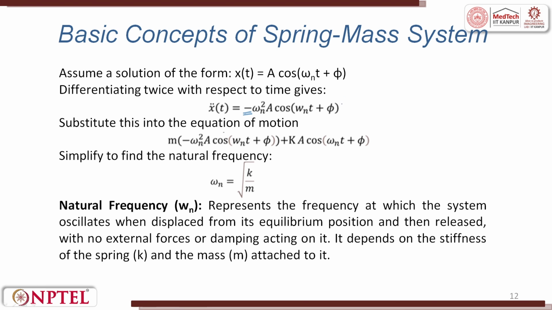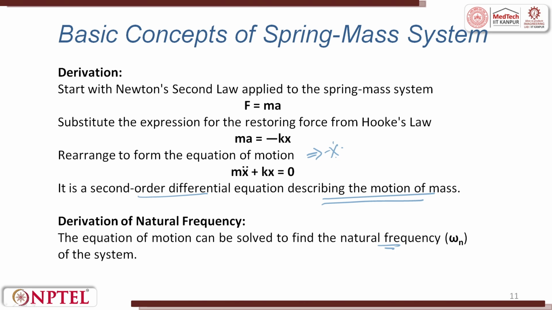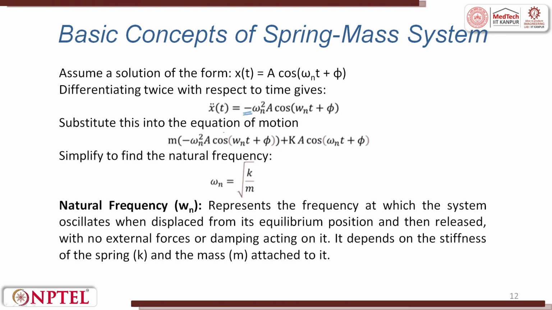Now substituting this into the equation of motion, m x double dot plus kx is equal to 0. Simplifying, the natural frequency is omega n equal to root of k by m.